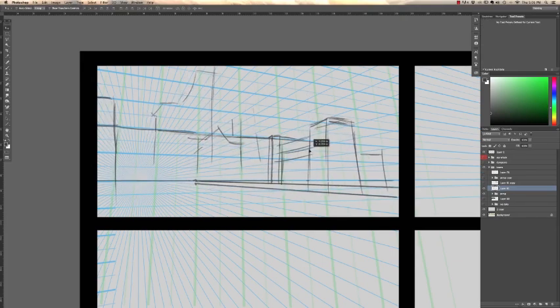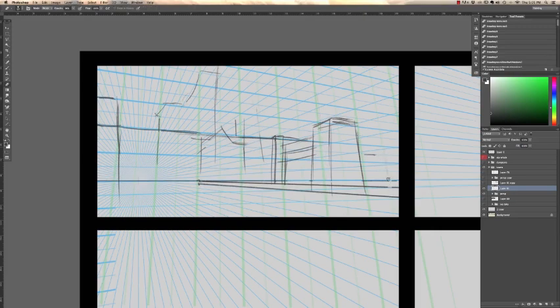Alright, so I'm adjusting this. I want it to align with the grid I'm drawing up a little bit. And I'm trying to make it as interesting as I can with the design I went with and the angle.